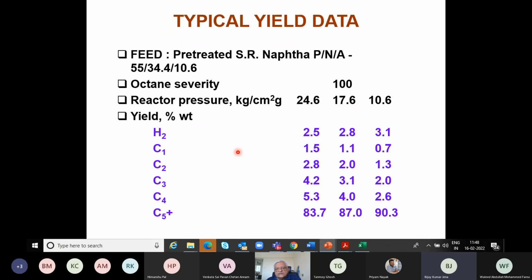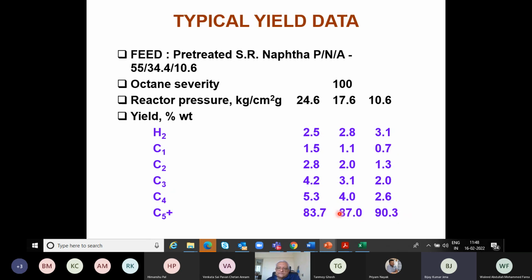These are the typical yields that you see as you go from 24 to 10 bar in the same reactor. Of course, this kind of range of operation is typically not possible in an operating unit. You can see that the C5 yield has an immediate hit.